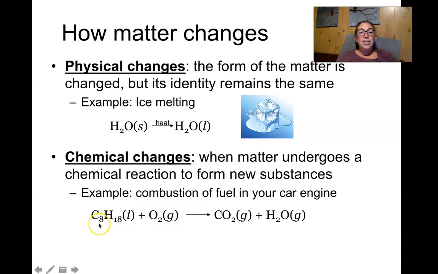And so you go from C8H18 and O2 to totally new compounds, CO2 and H2O. You've mixed and matched those hydrogens and carbons and oxygens to make new chemical formulas and produce carbon dioxide and water as a byproduct of driving your car.